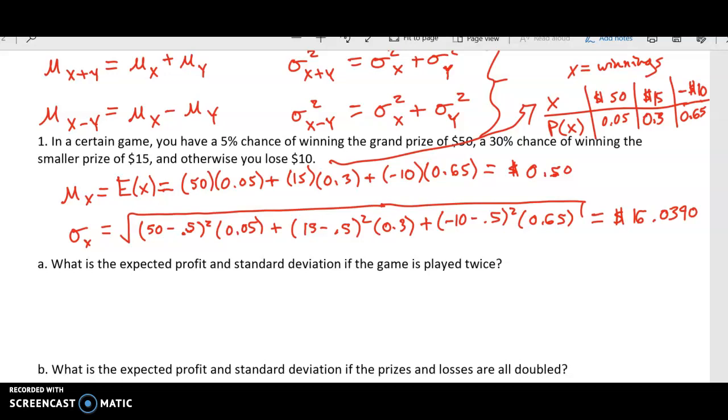All right, what's the expected profit and standard deviation if the game is played twice? If the game is played twice, that's mu of 2x, which we said on the previous page is 2 times mu sub x, which is 2 times 50 cents, or $1.